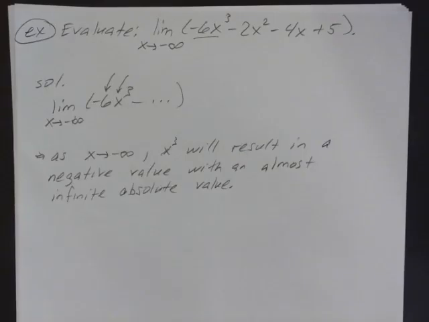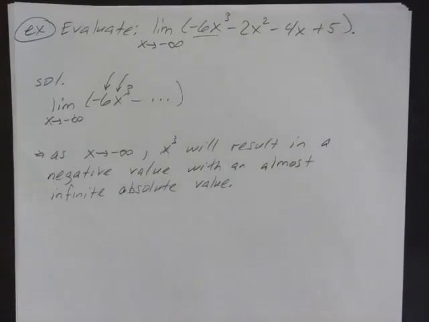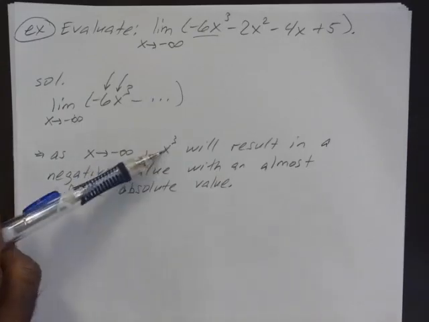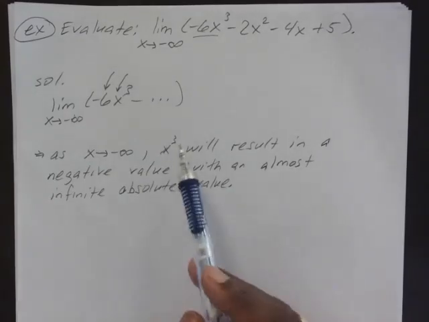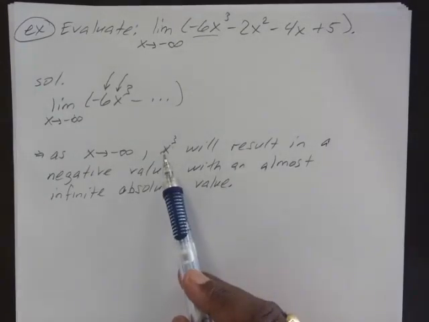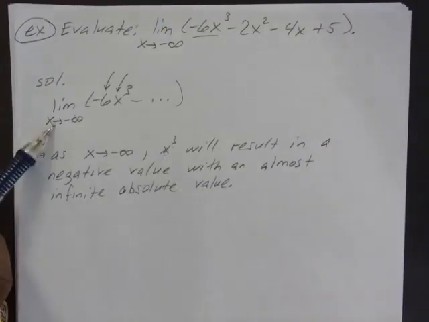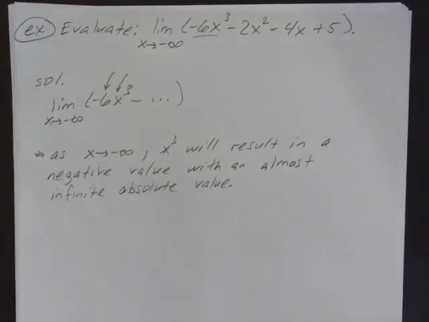So kind of think of negative 1 to the third power. Negative 1 times negative 1 times negative 1 will give you a negative number. Any negative real number multiplied by itself 3 times will give you a negative number. So if you have an odd exponent, you're going to end up with negative. That's if you're approaching negative infinity. Because negative a billion times negative a billion times negative a billion will still be a negative number.